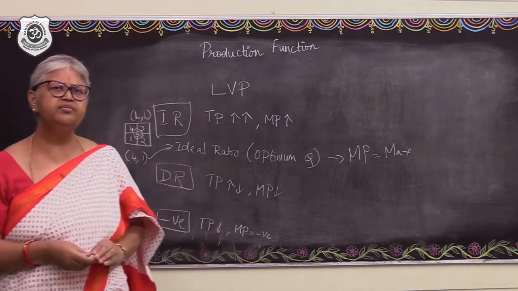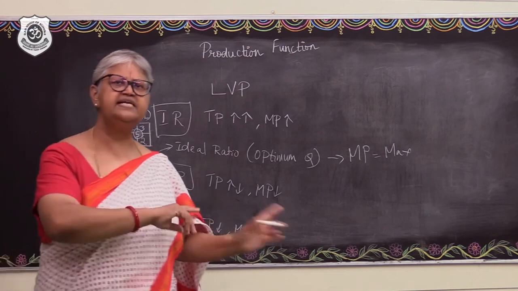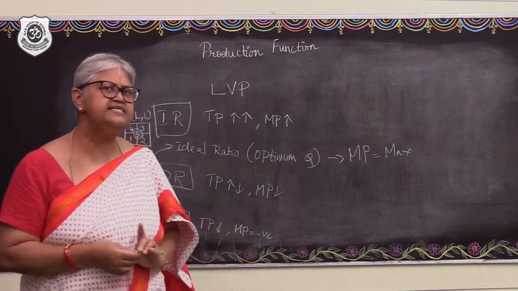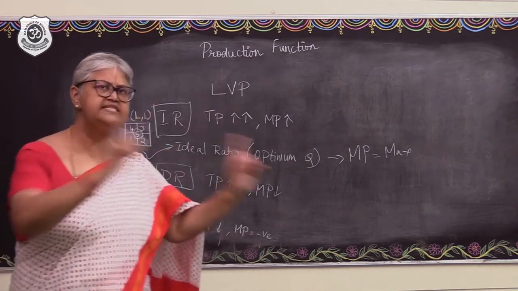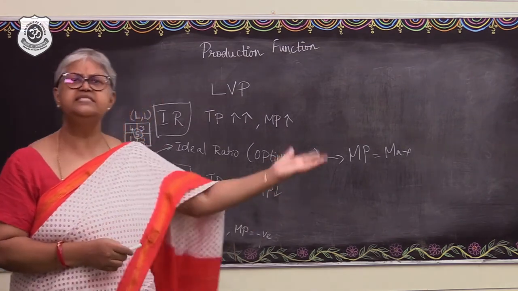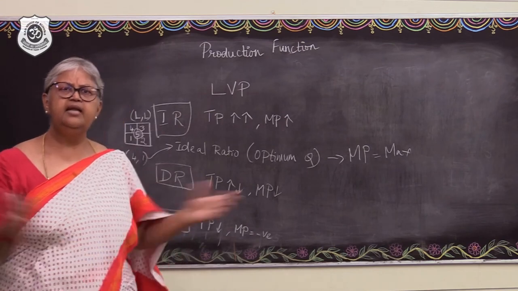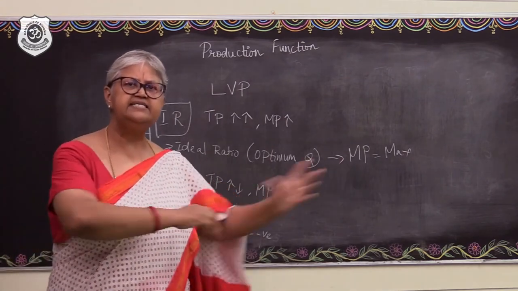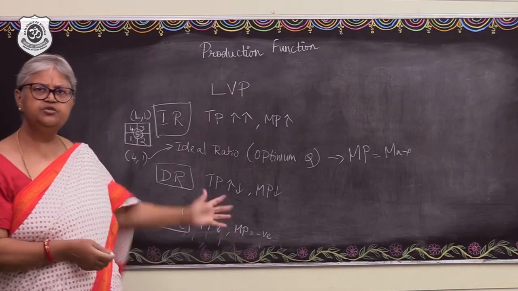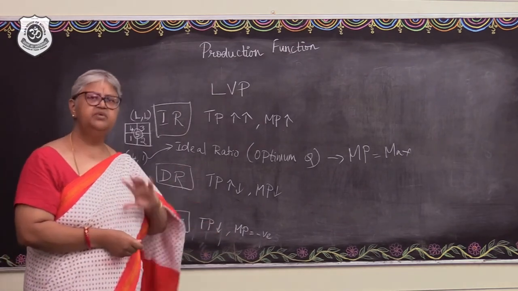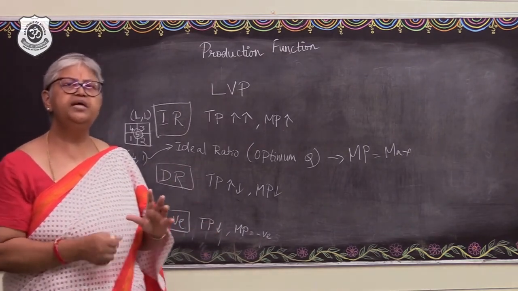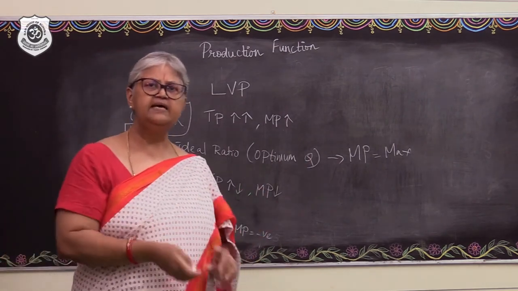The idea of the entrepreneur is to maximize the output, not optimize the output, mind you. Maximizing the output, maximum output, with given inputs. Any entrepreneur would love to maximize the output. So, let me repeat, with given inputs, any entrepreneur would love to maximize the output.